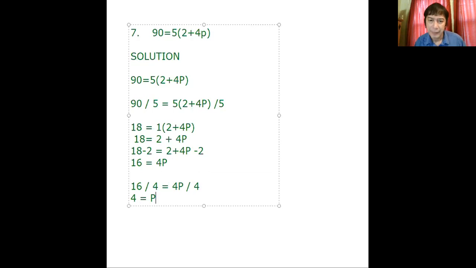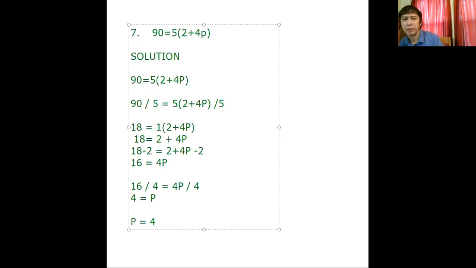Well, now 4 equals p is not the usual way to write it, so we will write this like p equals 4. And this is actually the symmetric property of equality. So if 4 equals p, then p equals 4, and our answer is 4.